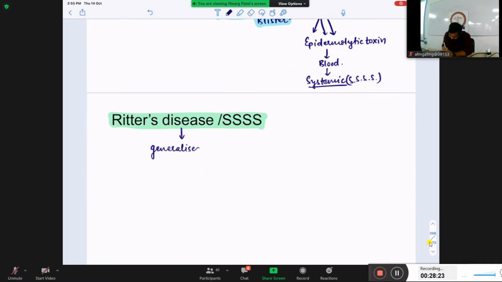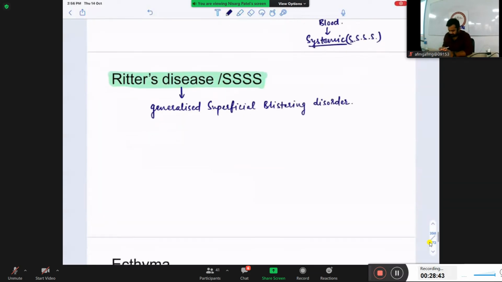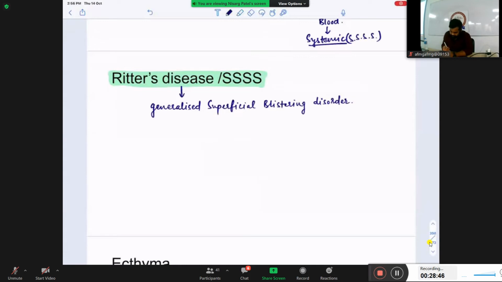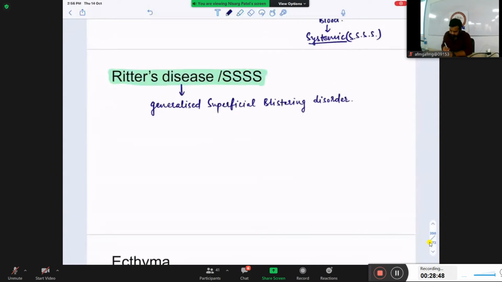The patient will have a generalized superficial blistering disorder. You will notice the scaling of the skin all over the body.